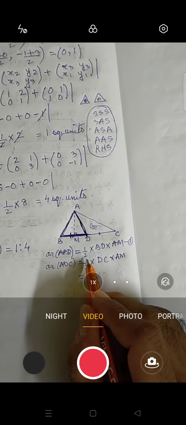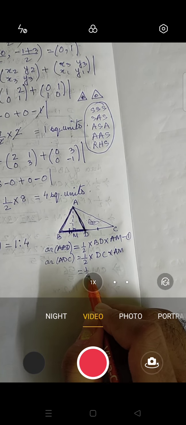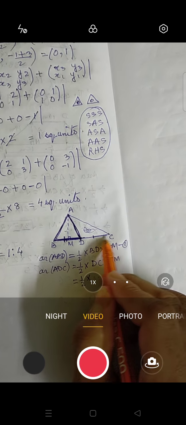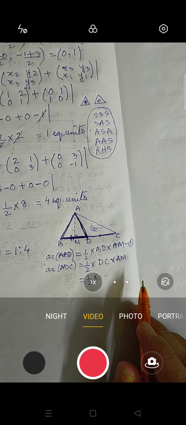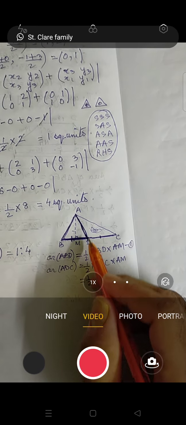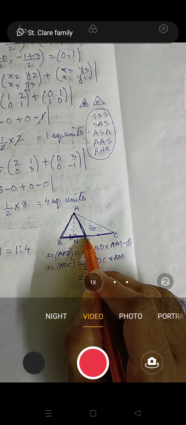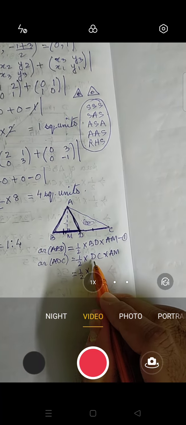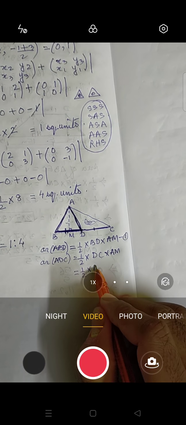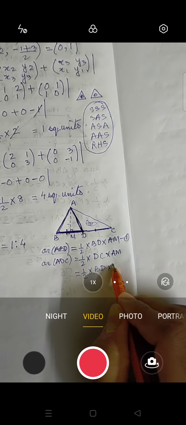Now I am taking this one as half into DC, which was equal to BD. Yes or no? D was the midpoint, so definitely BD and DC are equal. So I can say that this DC can be written as BD into AM.